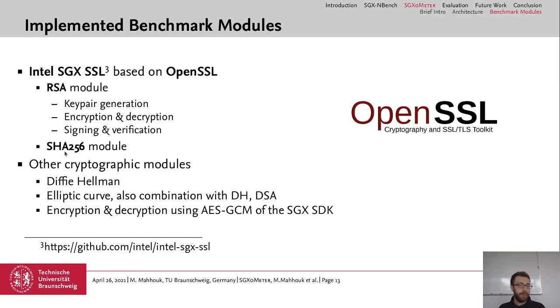We also have a charm module and other cryptographic modules such as Diffie-Hellman, elliptic curve, and so on. In total, we offer 15 modules. We are not going to go into details for each one of them because of the time limitations. So we will stick to what we have now.